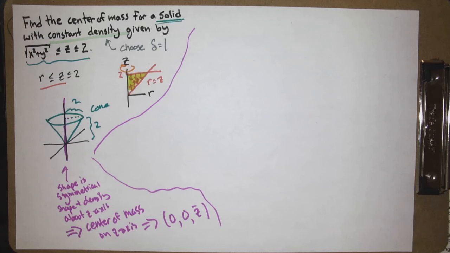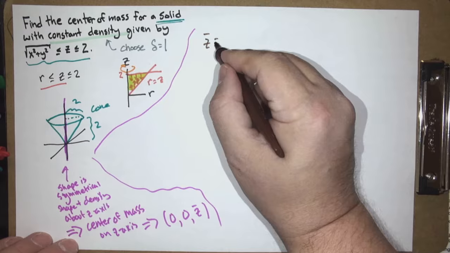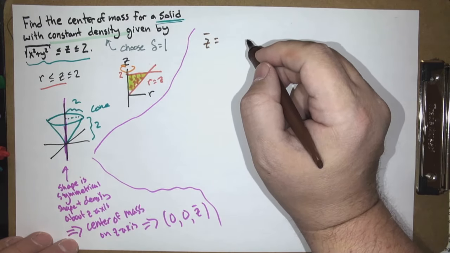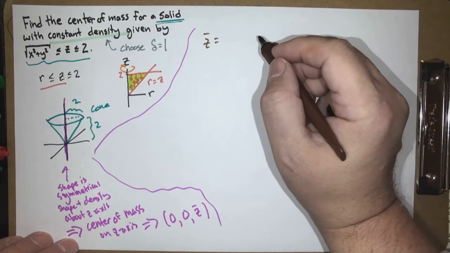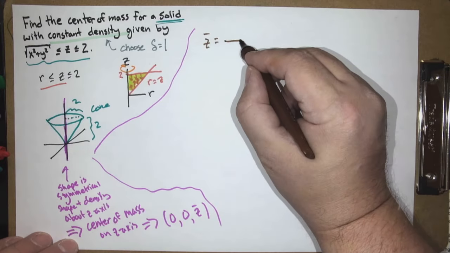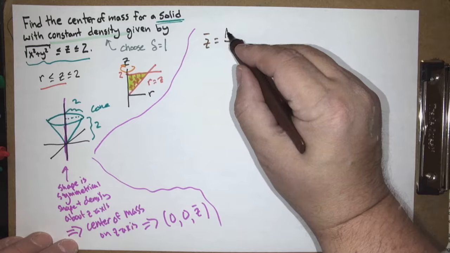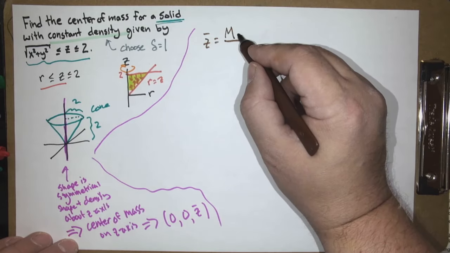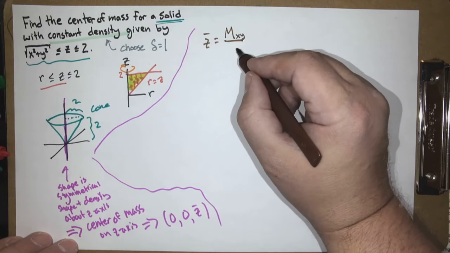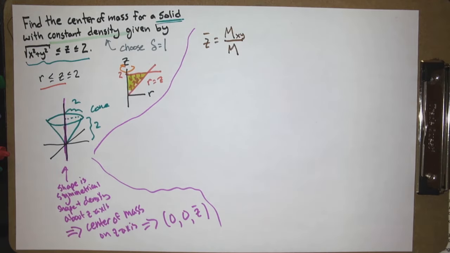Okay, what's next? Well, we have to find z bar. So what does the formula say z bar is? I'll give you a moment to think about it. It's a ratio. It's M xy over M. One of these we can do without an integral.